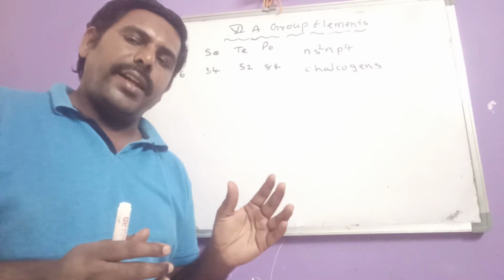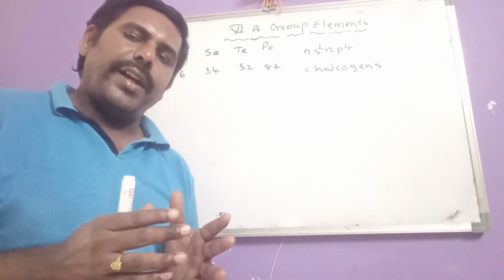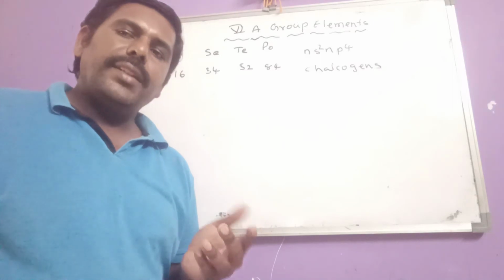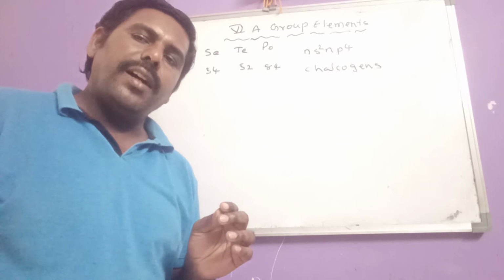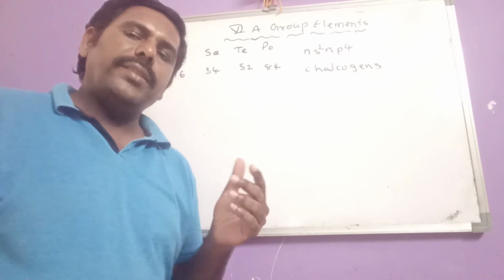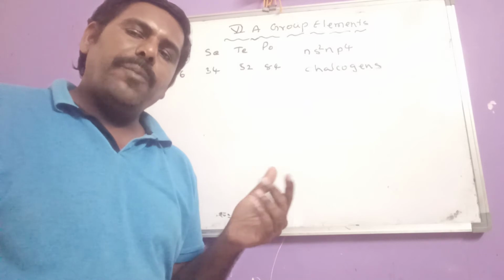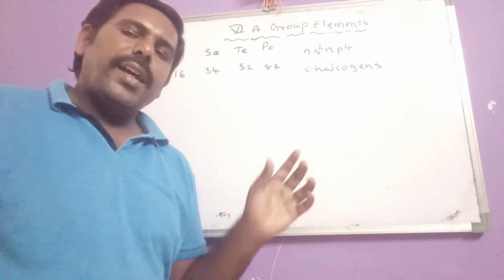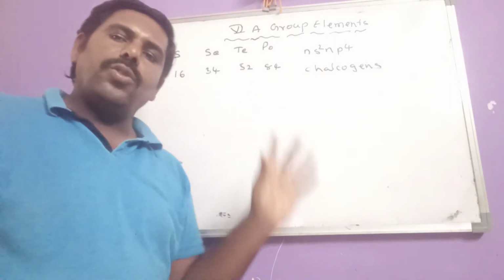These are oxide minerals. And some minerals are sulfides. Example: zinc blende ZnS, galena PbS. So many metals are available as their oxides and sulfides. So that's why, as these are mineral forming elements, they are known as chalcogens.